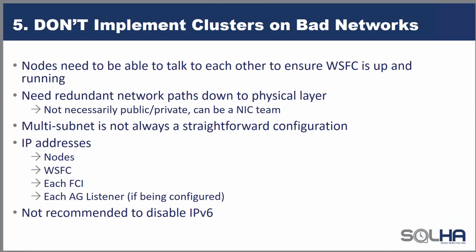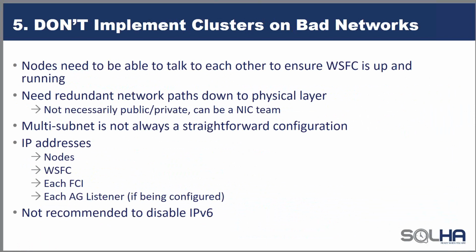It goes back to the resources comment I was saying earlier. I guarantee you, and I make this joke, but it's always kind of true, in almost every company there is somebody in a cube or in a corner or in an office that has a master spreadsheet of every static IP address assigned to a device, to a server, what have you. Every time you want to deploy an FCI or implement a listener for an availability group, you're going to need an IP address.